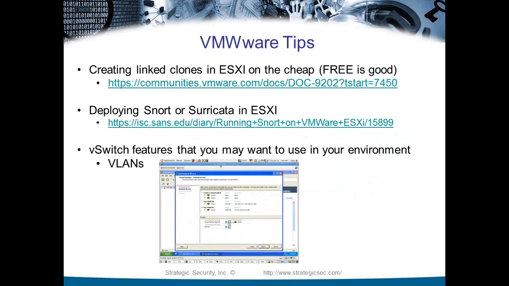Okay, next question. If you're going to run things like Snort, Suricata, Bro, any of the IDSs, you want to make sure that you configure your virtual switching to allow for it. I've got some links that you'll find pretty helpful for that.